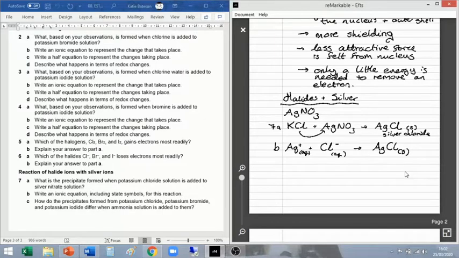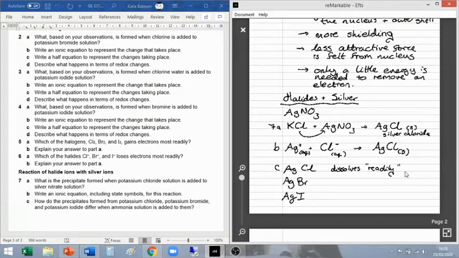C, how do precipitates formed from potassium chloride, potassium bromide, potassium iodide differ when ammonia solution is added to them? Now the solubility changes in ammonia. So what you should have researched is the silver chloride will dissolve readily, and that's the terminology that examiners like.